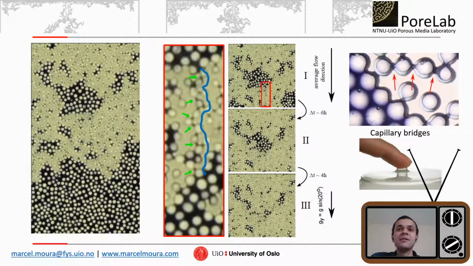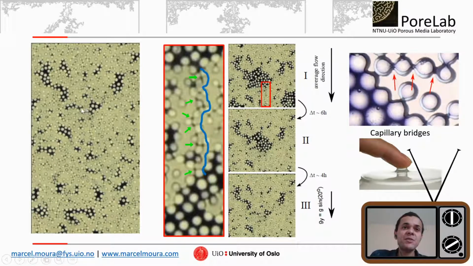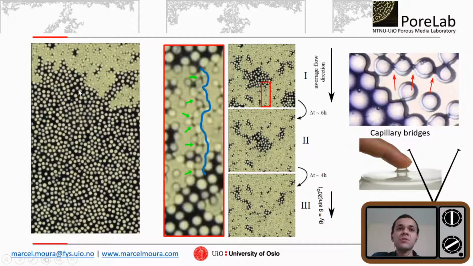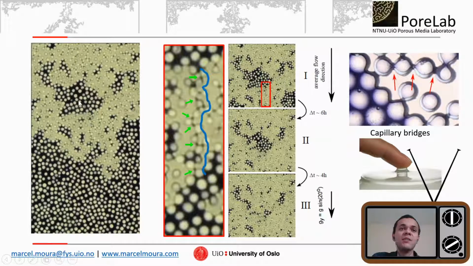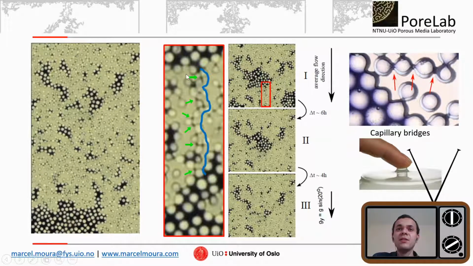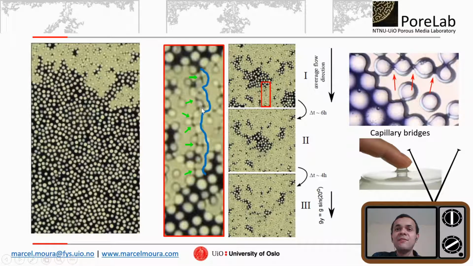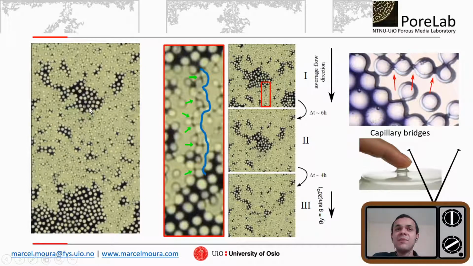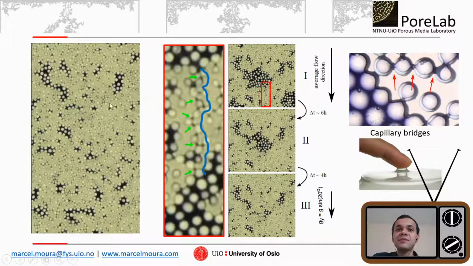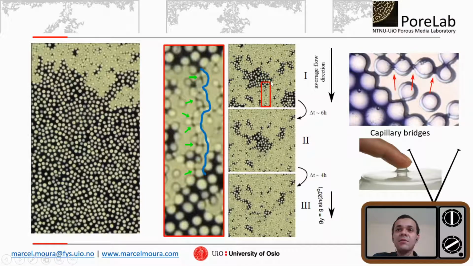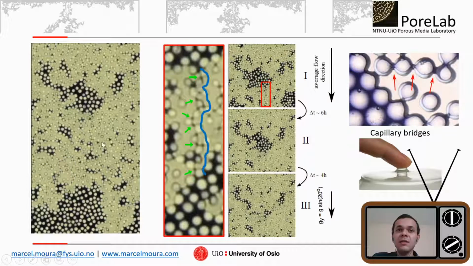Okay, and I mentioned that this was not being drained by that usual network. So what's happening here? What kind of mechanism is behind this drainage? If we zoom in well enough, you see that there are some very thin films of liquid that are still connecting that body there to the defending phase. I'm zooming in around here, just below the cluster.